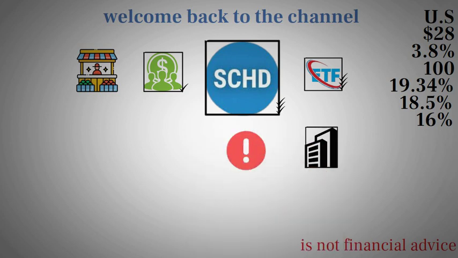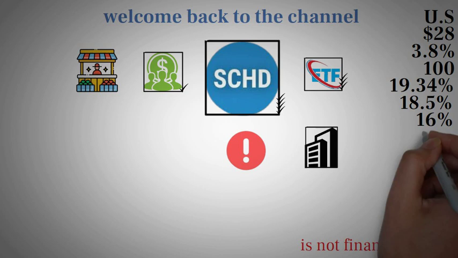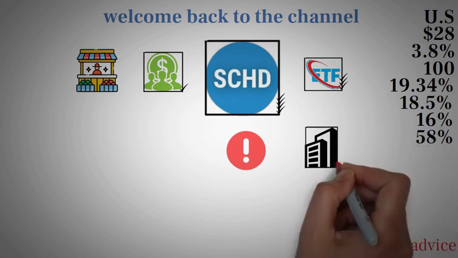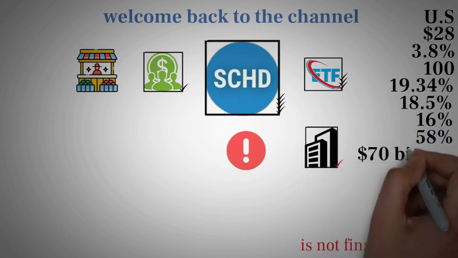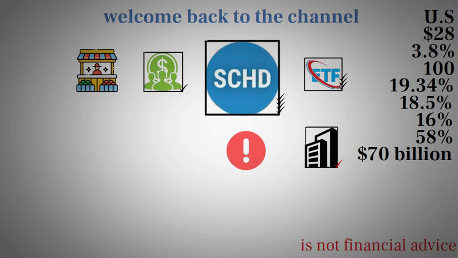An important aspect of SCHD's portfolio is that more than 58% of its holdings are companies with market capitalizations of $70 billion or higher. This is significant because it means that the dividend income generated by the fund comes primarily from established, blue-chip companies. For investors, this is a key consideration. Large-cap companies are generally less volatile and more reliable in their dividend payments, compared to smaller, less established firms.